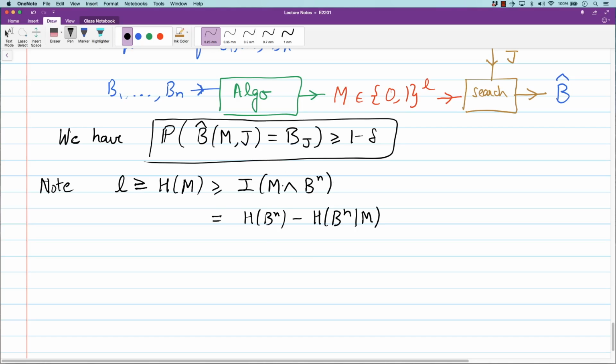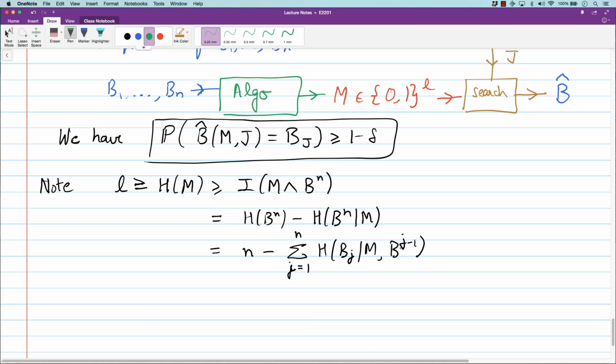So the information m contains about b^n must be a lower bound on L. But what is this information? Now we'll derive a lower bound for this. These bits are random and independent, so this is just n times the binary entropy of a random bit, that's just n, minus this term. Now this term can be written as the summation over j equal to 1 to n of H of b_j given m and b_1 to b_{j-1}.